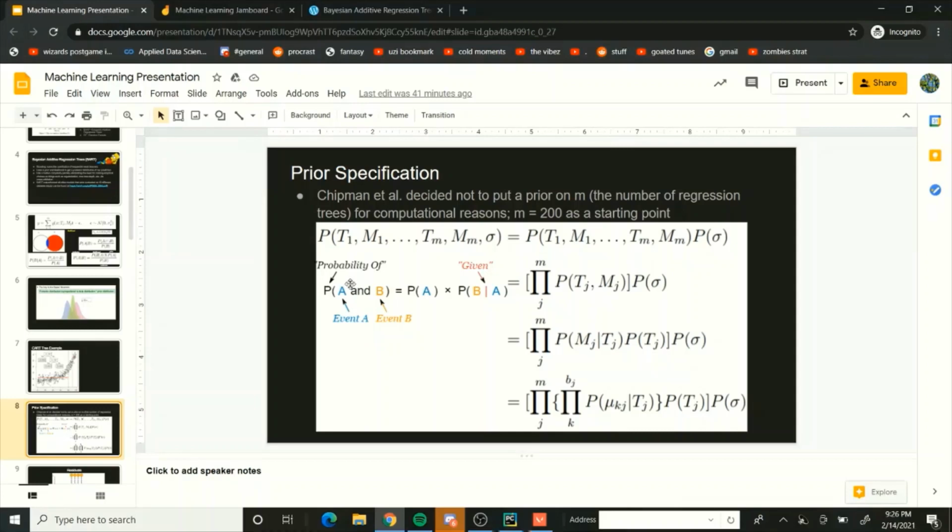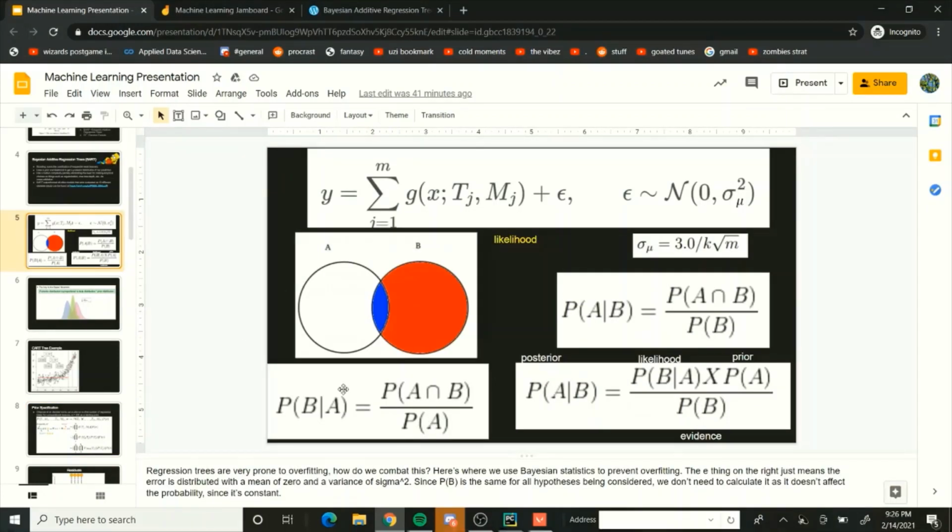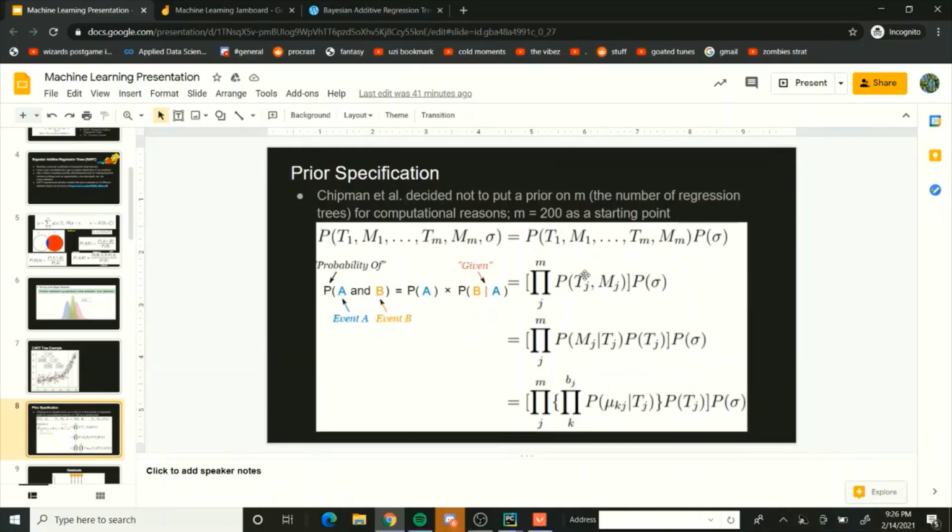And then we can use this formula, which we actually derived earlier, multiplied by P of A on both sides. So we can use this formula to simplify this T of J, M of J, since T of J, M of J is just shorthand for T of J and M of J. So we can simplify this into this.